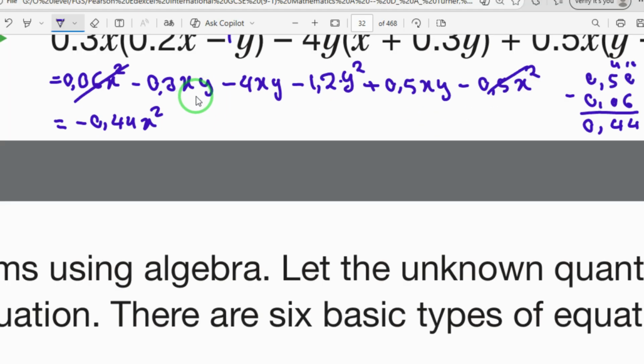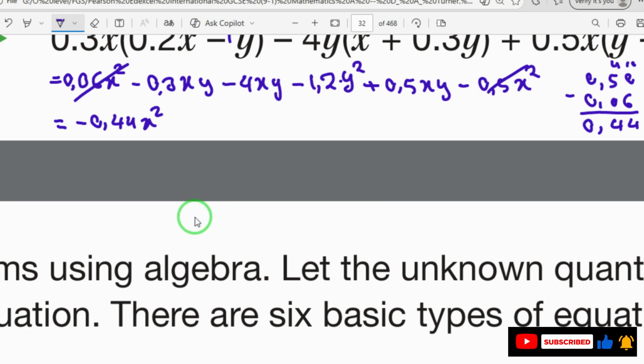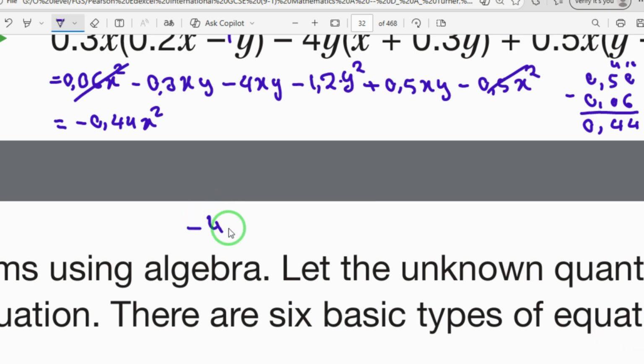Here we have xy, and as well here, also here we have xy, so we add these 3 numbers. Here first we add these 2 numbers. They are the same sign. 0.3 plus 1 point here plus 4 becomes minus 4.3.